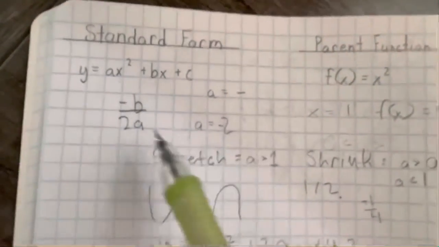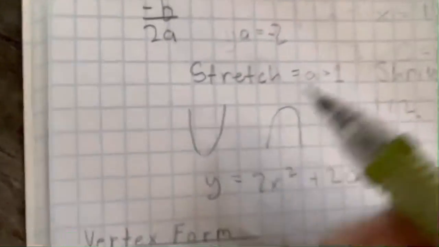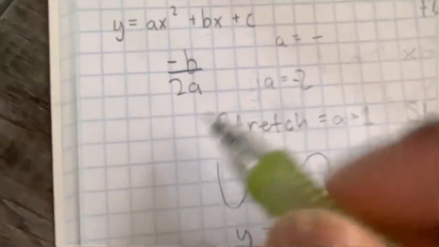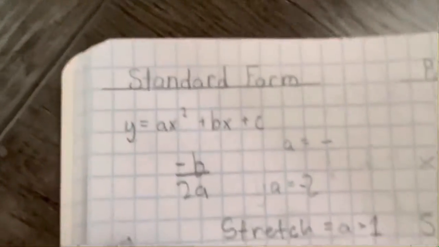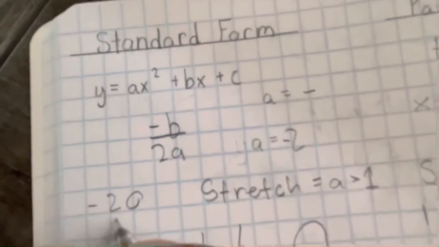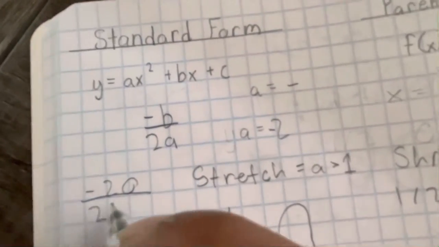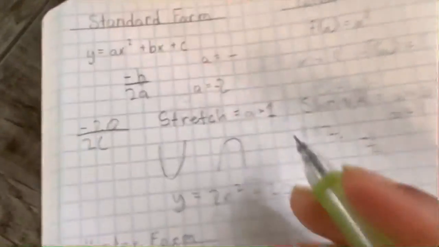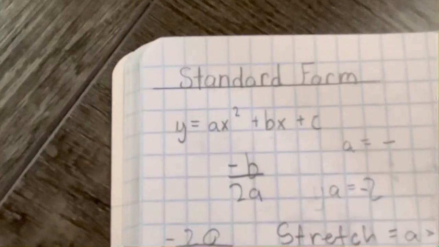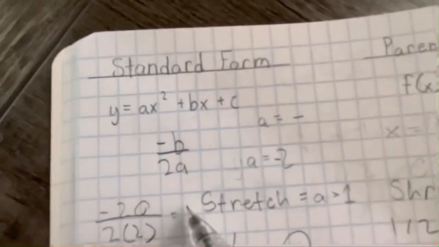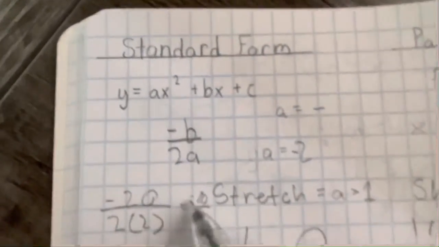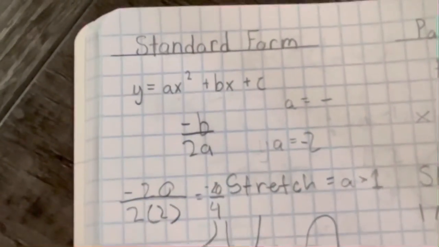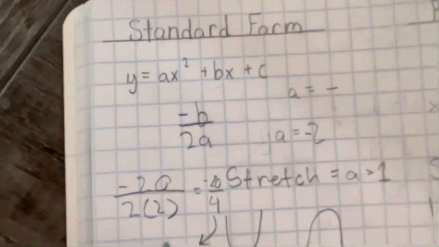To find the x value of the vertex, we do negative b over 2a. We plug in negative 20 over 2 times 2, which is negative 20 over 4, and that comes down to negative 5.